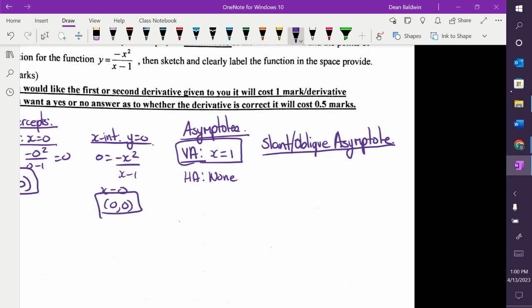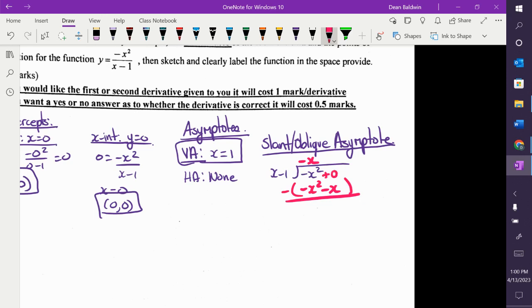All right, so I'm going to go x minus 1 into negative x squared. Okay, what do you multiply x by to get to negative x squared? Negative x. So then I get negative x squared, negative x. Subtract them.